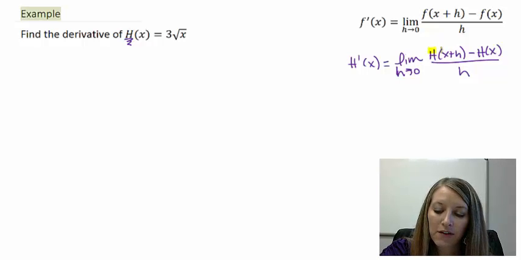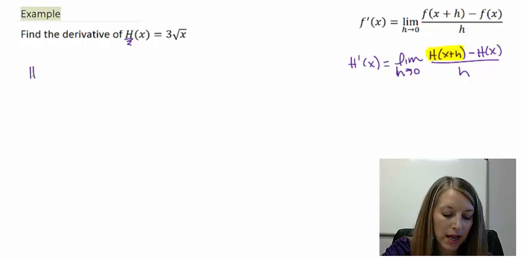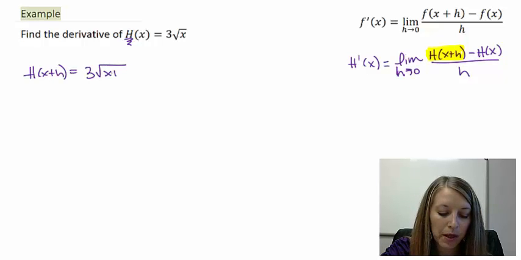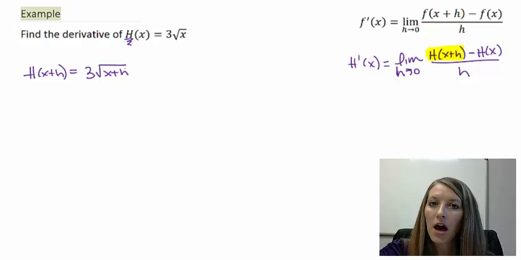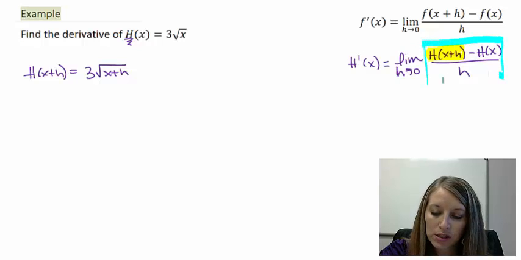So again, my three-part process. My first part is my function of x plus h, where I just substitute x plus h into my function. So that gives me 3 times the square root of x plus h. I cannot do anything to simplify, so let's move on to my second step, which is this whole difference quotient.